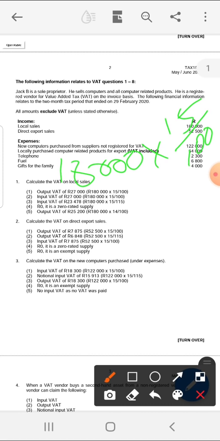It will give us 27,000. This 27,000 is an output tax because we are selling, so we need to pay this amount to SARS. So our answer will be option number 1.